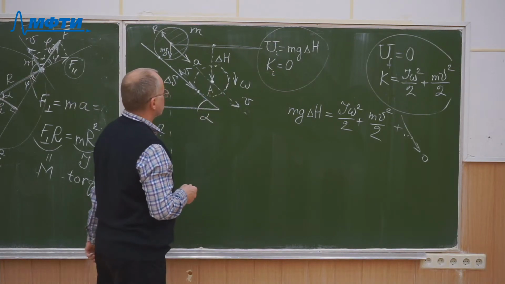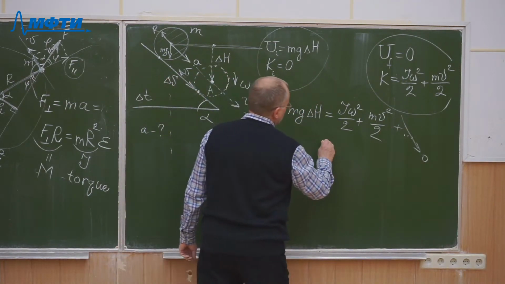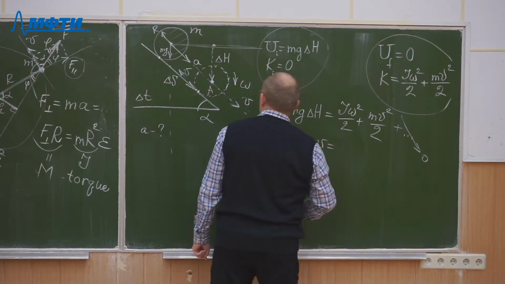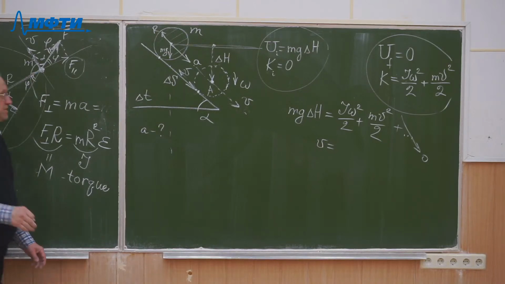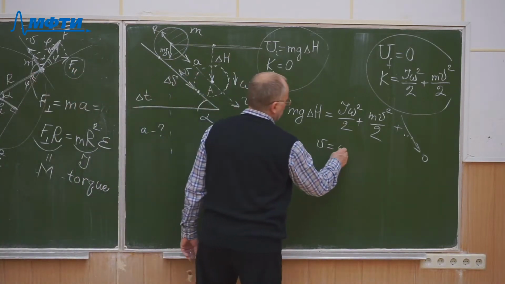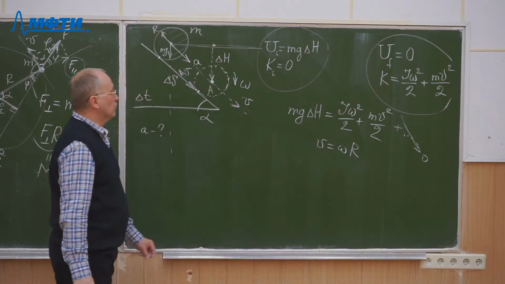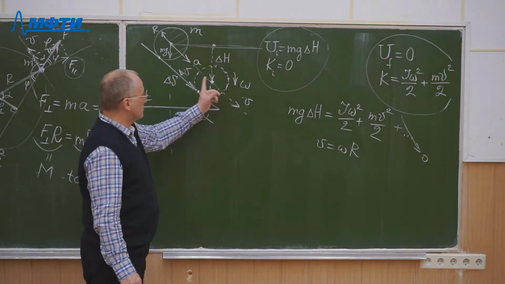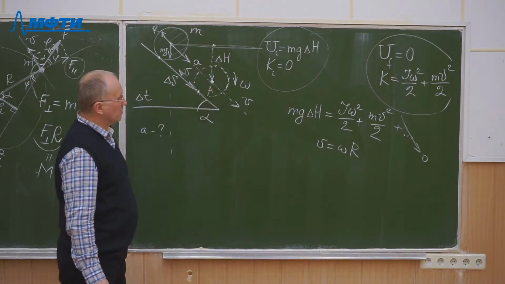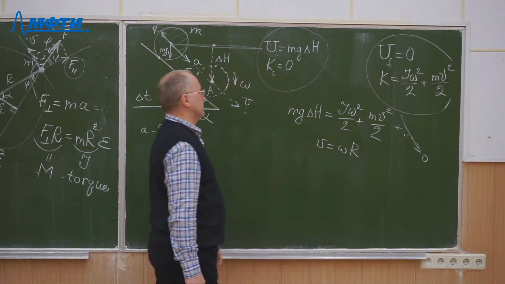But these two velocities are the same, and so velocity v here can be expressed using this formula which we have already indicated. It's omega r, and omega is the same quantity for all the points of this rigid body, because the cylinder is really rigid. It's not deformable. Therefore, all the points will have the same angular velocity.